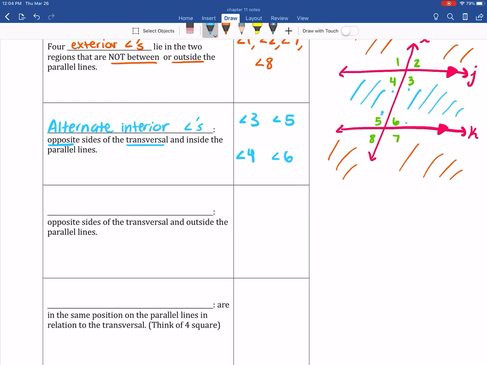They alternate sides. One thing we need to note on here is that they are also congruent. So I'll draw my symbol. So I could say angle 3 is congruent to angle 5, and angle 4 is congruent to angle 6. Remember, that's the symbol for congruent. And another word for congruent is equal.